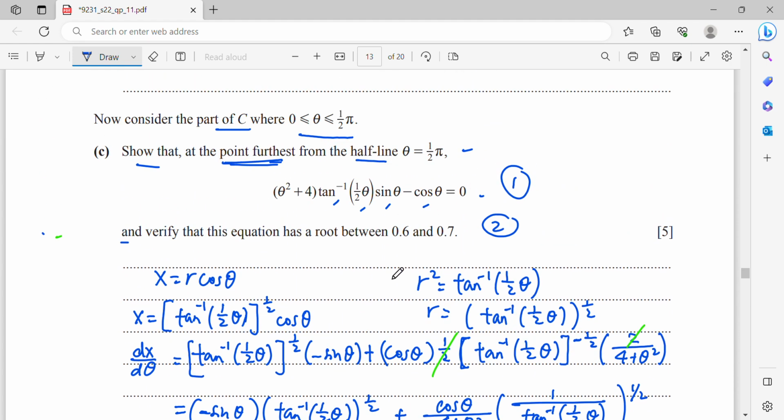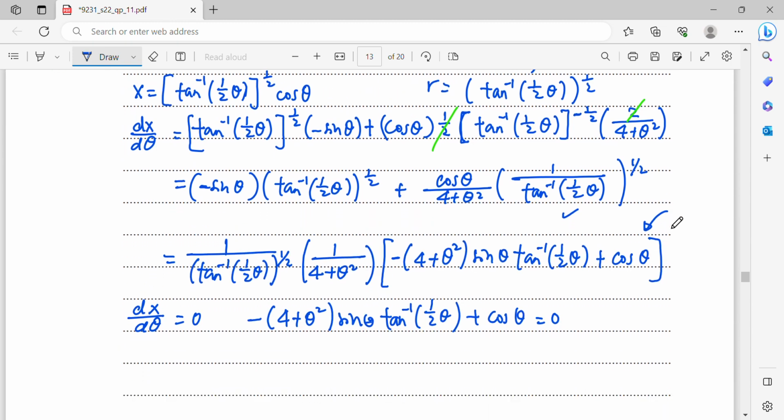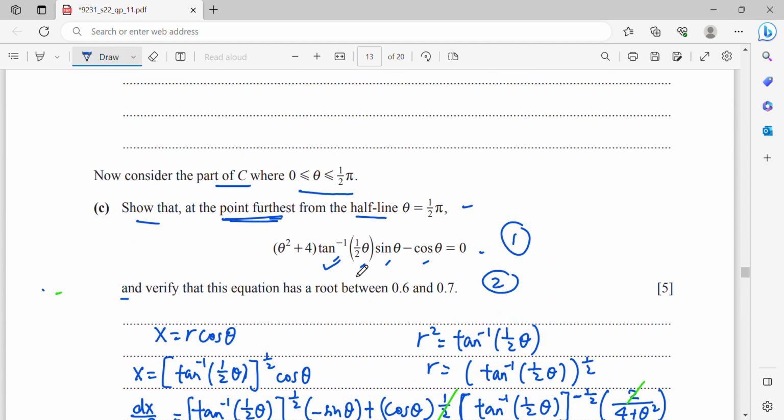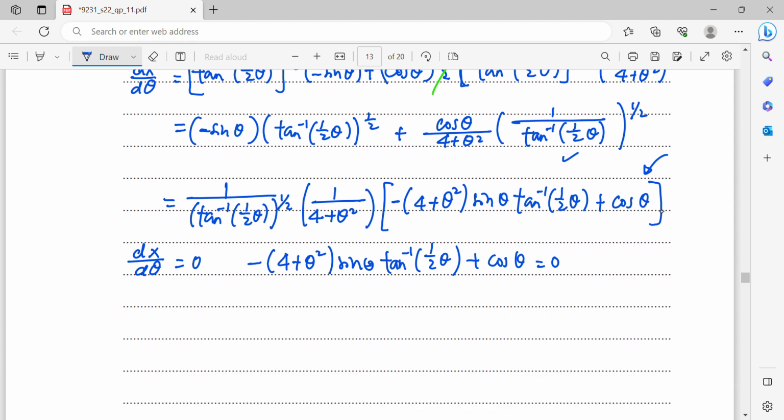So now let's check. We need theta squared plus 4 times inverse tangent half theta times sine theta minus cos theta equals 0. So I just move all the terms to the right hand side because I need this to be positive and the cos theta is negative. So 4 plus theta squared sine theta inverse tangent half theta minus cos theta equals 0.